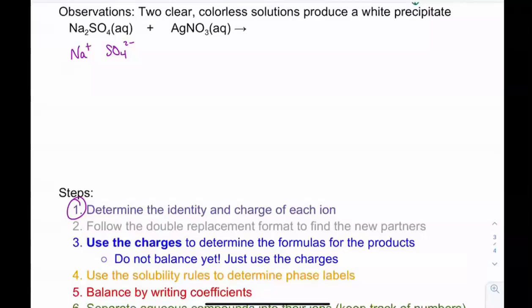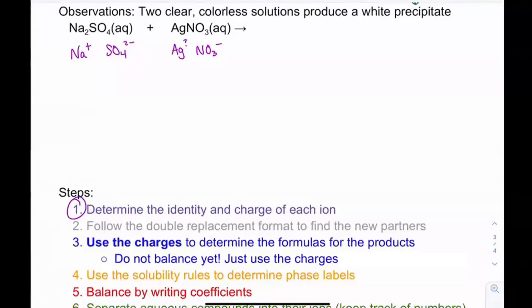I'm going to do that for my other substance too. Now silver is in the middle of the periodic table. So that might be one that you don't know. And that's okay. You can always figure out the positive one if you start with the negative one. So here I have nitrate. That's a polyatomic ion. You can look that up on your list. And that has a -1 charge.